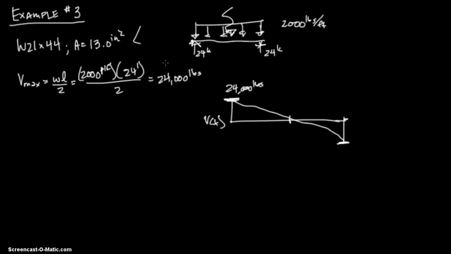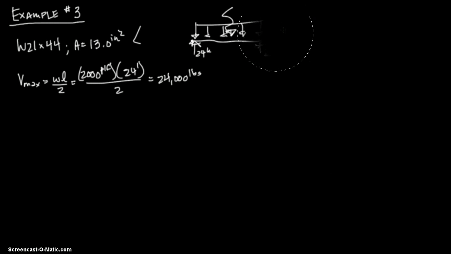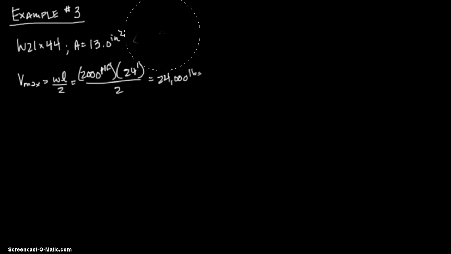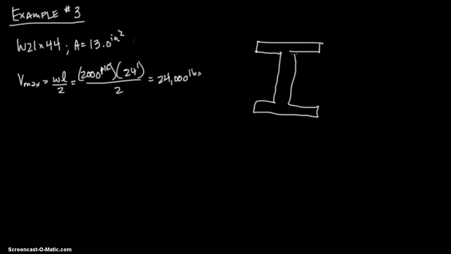So let's move on. We now have our Vmax, and we want to think about what our equation is to find the stress. We now have our shear max, so we need to find our stress. And what you do for shear when you're looking at a W wide flange section like so, that's a terrible drawing, is you just look at the web, extended web is what I'll call it, section right here.